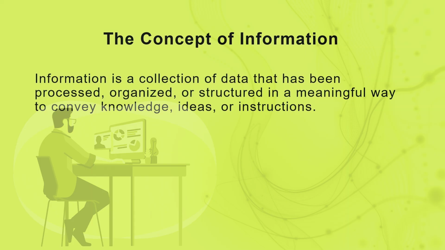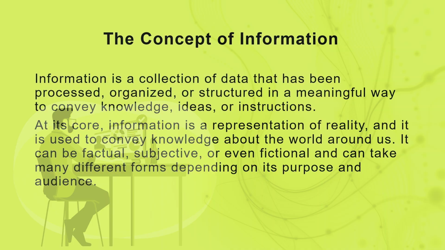The concept of information. Information is a collection of data that has been processed, organized, or structured in a meaningful way to convey knowledge, ideas, or instructions. At its core, information is a representation of reality and is used to convey knowledge about the world around us.